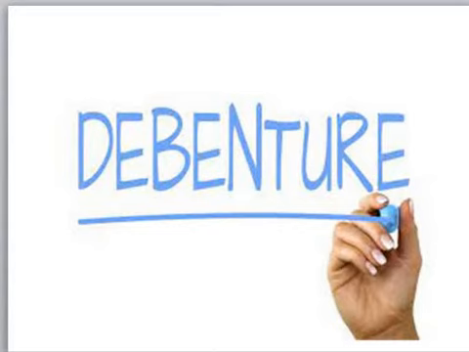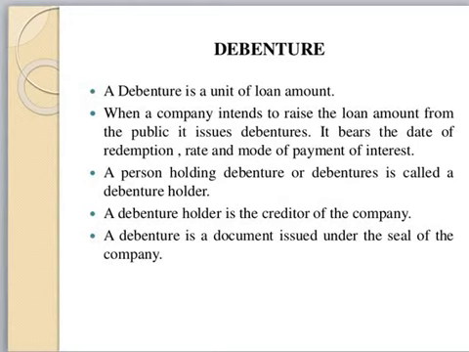Now we can go through what we mean by debenture. A debenture is a unit of loan amount, and when a company intends to raise a loan from the public, it issues debentures. When we are issuing a debenture, it should bear the date of redemption, that is the date of repayment, then the interest rate, and the mode of payment of interest.